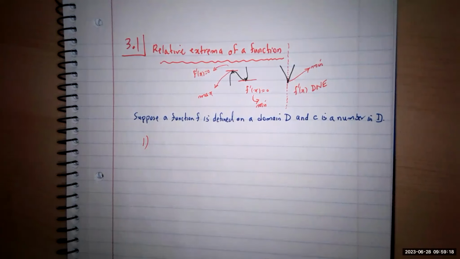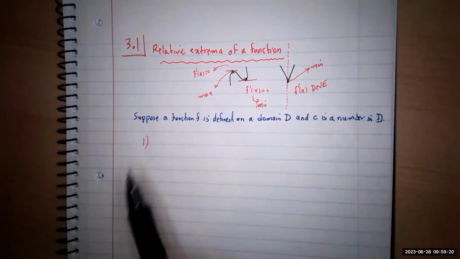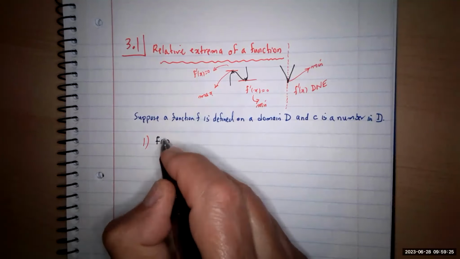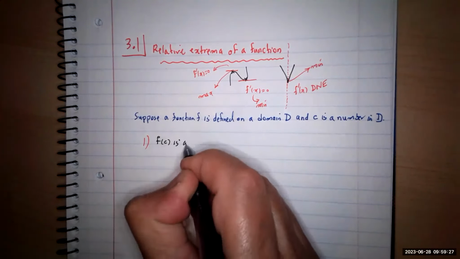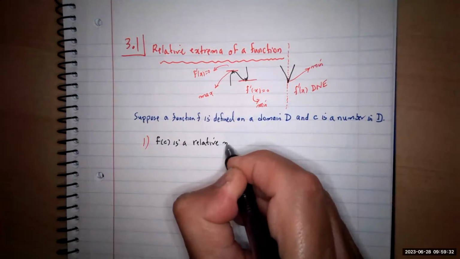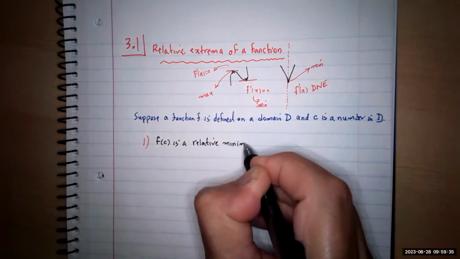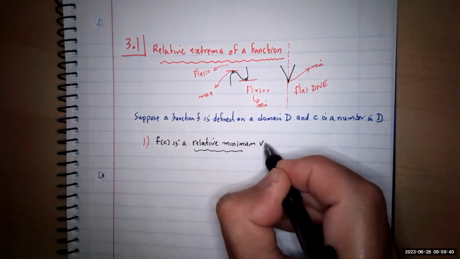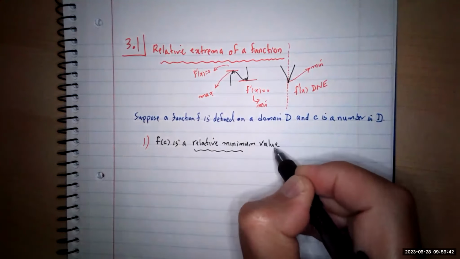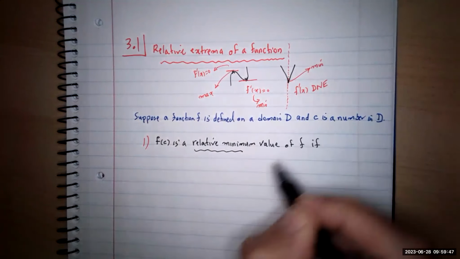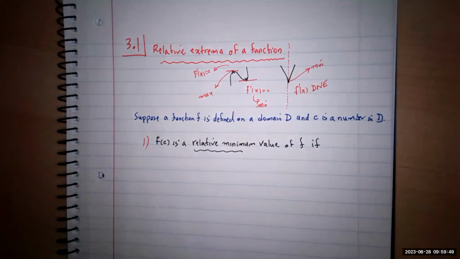So this is the first one. f of c is a relative minimum value of f if this is the smallest value of the function, but in my region only.